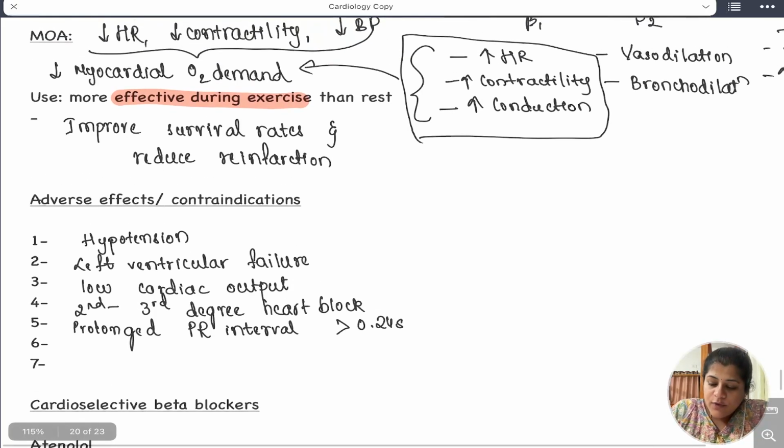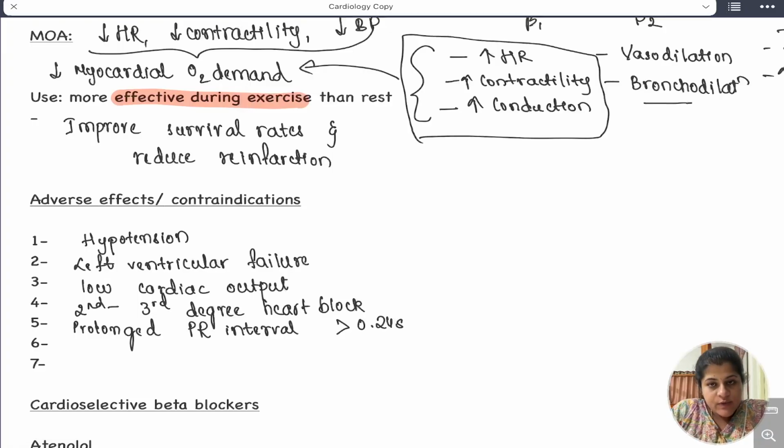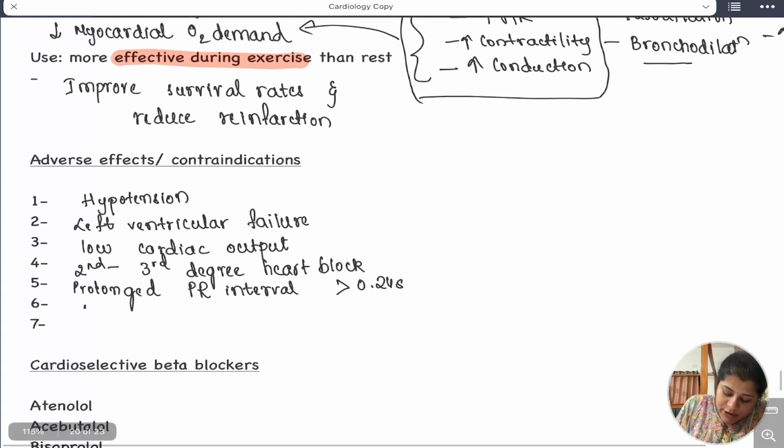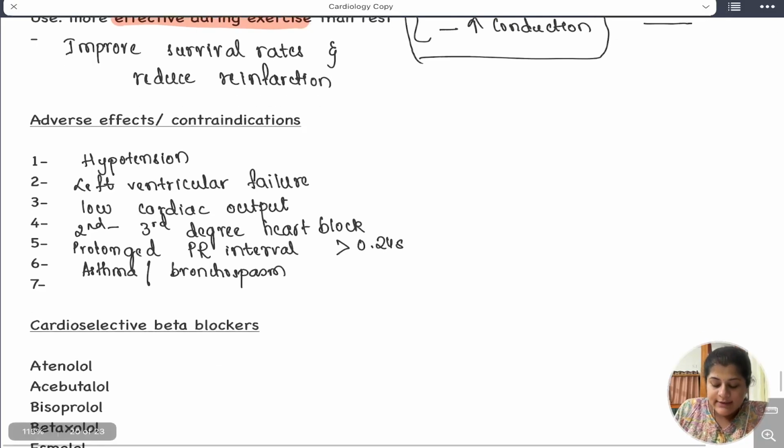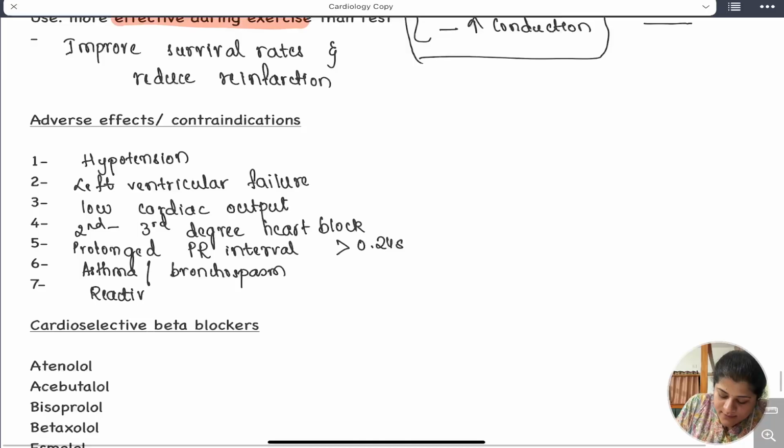One more is that they can cause bronchospasm. Beta 2 receptors cause bronchodilation. If you block beta 2 receptors, it can cause bronchospasm. So avoid them if the patient has asthma, bronchospasm, or any reactive airway disease.